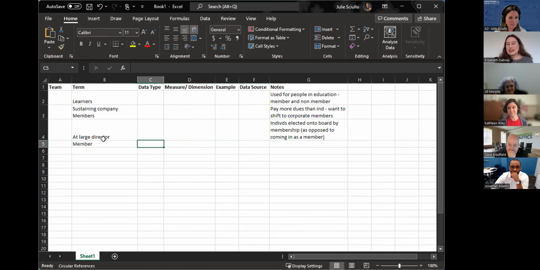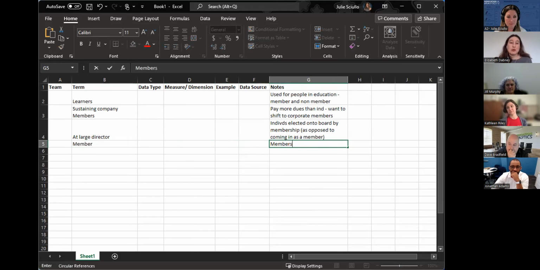And this is interesting, I think, too, because at MBOA, our members are schools. They're not individual people. Individual people have relationships to the school, which is our member. So sometimes that makes things a little tricky when you assume a member means an individual person, when in our case, it actually means an organization like a school. Yeah, that's a great one.